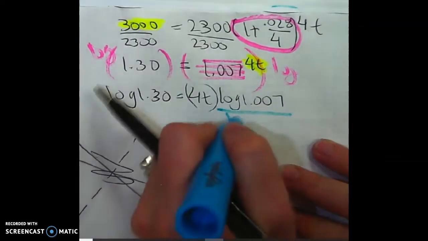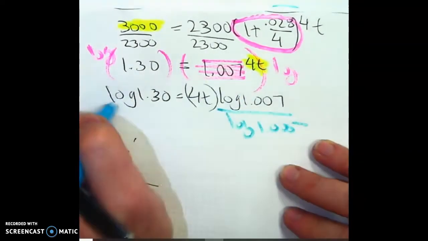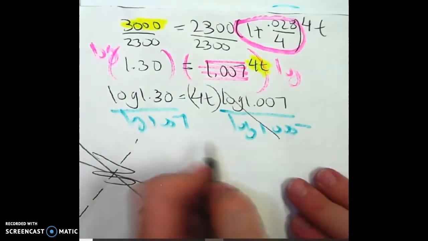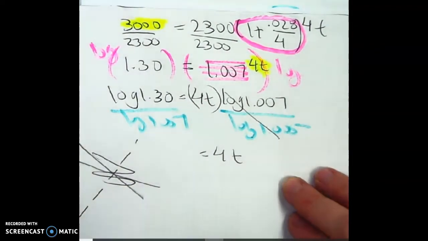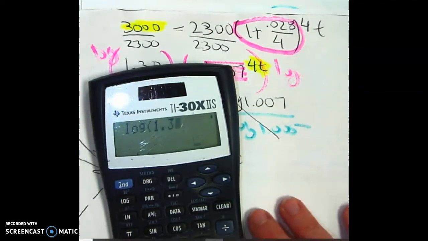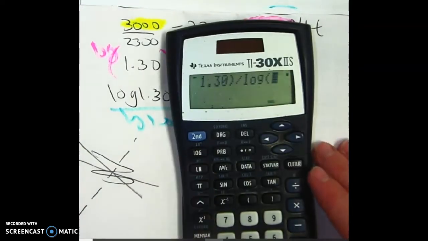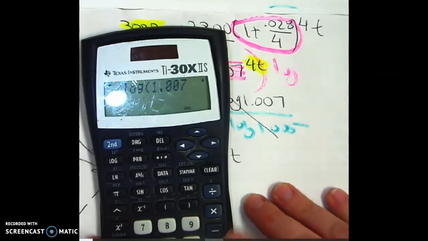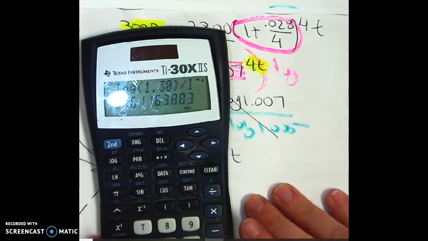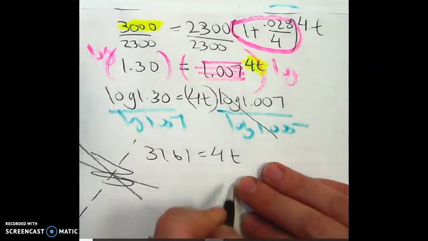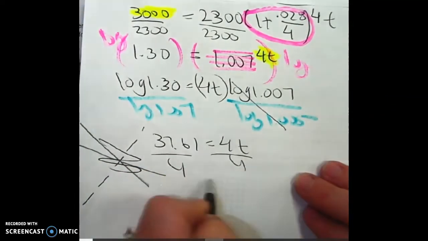Divide by log of 1.007. So now I have to pick up my calculator. Log of 1.30 divided by log of 1.007. I think that was right. Yep. And I get 37.61. Now I divide by 4. T equals.